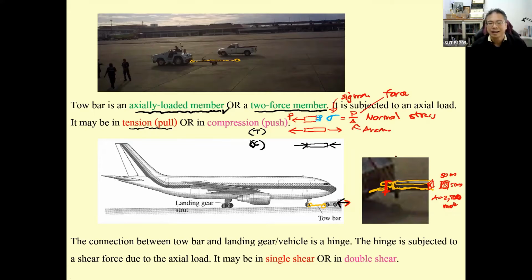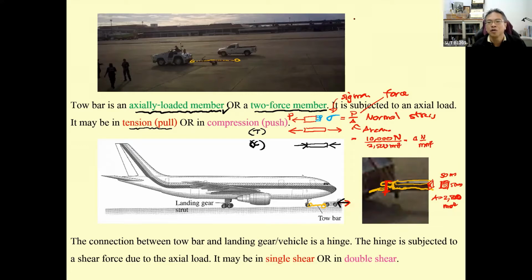If this force is 10 kilonewton, this will produce a stress of 10,000 Newton divided by 2,500 millimeter square. Then you get 4 Newton per millimeter square.